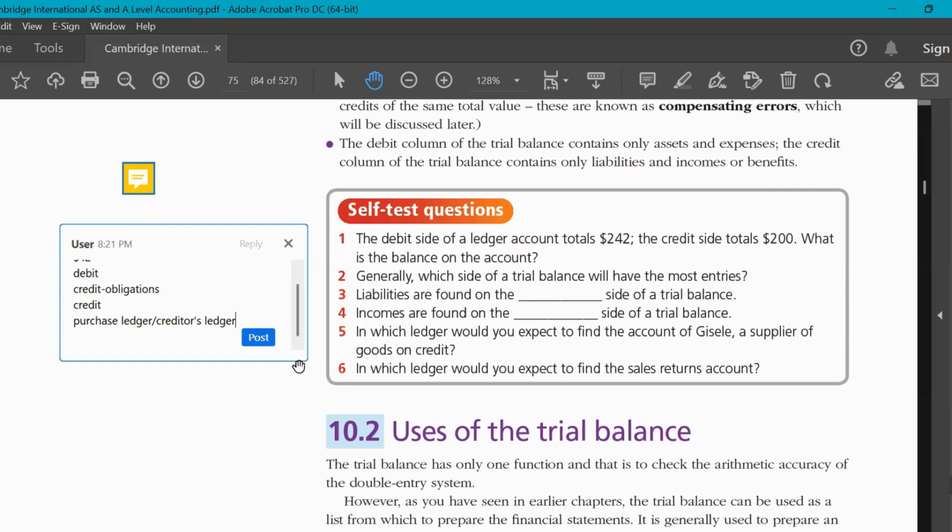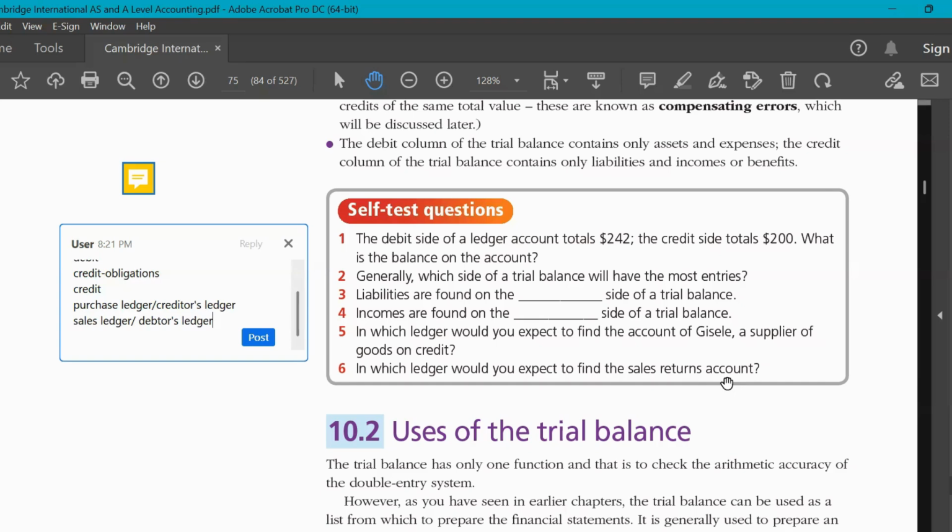Number six, in which ledger would you expect to find the sales return account? Obviously you have the word sales, right? Sales return, it's the sales ledger, also known as the debtors ledger. The sales return reduces the amount of income from customers.